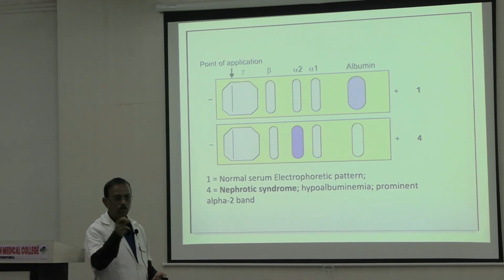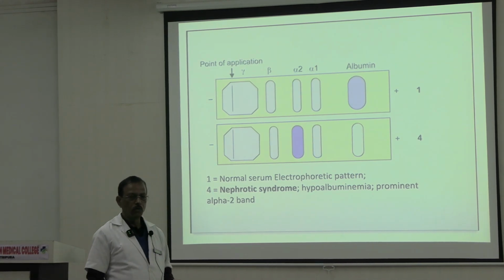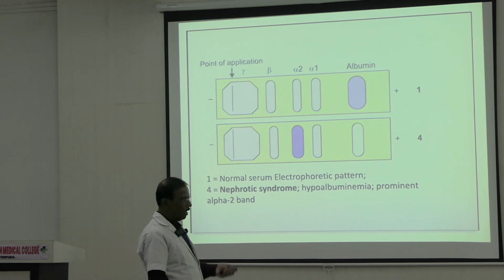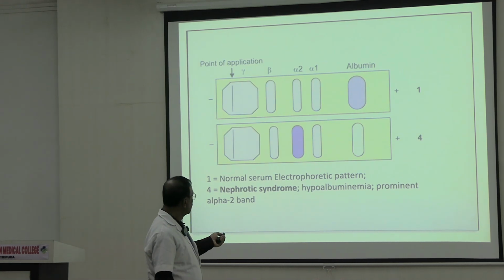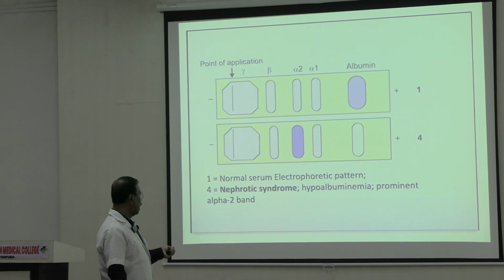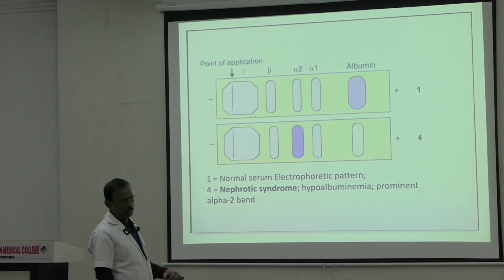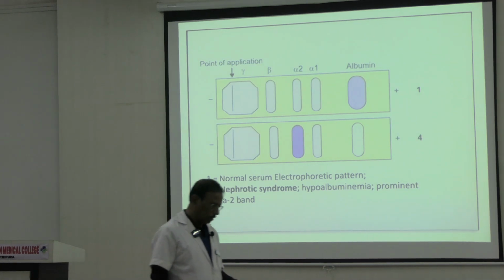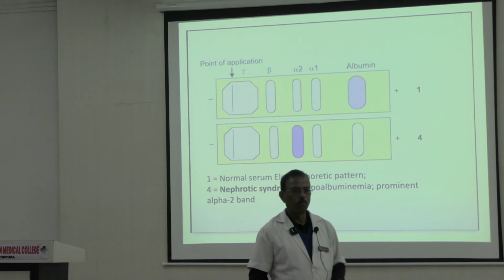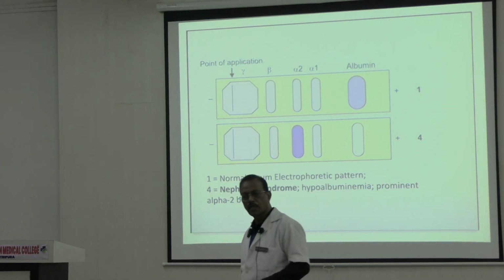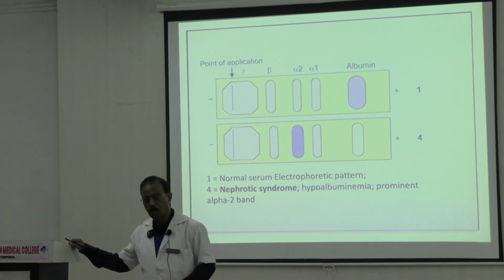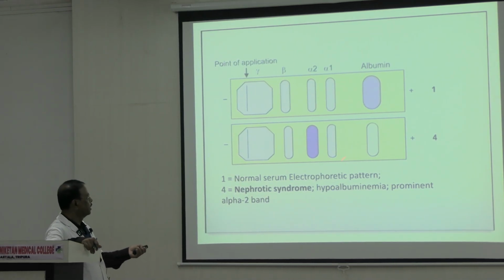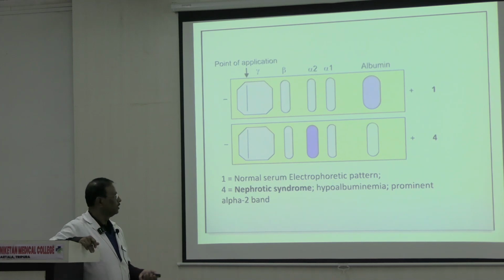I told you there will be increase in globulin fraction where there is hypoalbuminemia. Then you will get a prominent alpha 2 band. But in one condition, in case of malnutrition or protein energy malnutrition, you will get both the albumin and globulin fractions less.